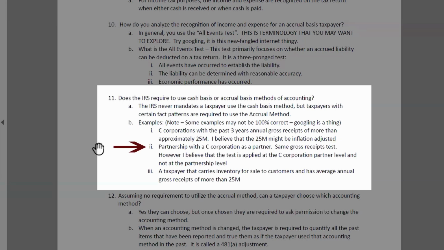Two, partnership with a C corporation as a partner. Same gross receipts test. However, I believe that the test is applied at the C corporation partner level and not the partnership level. And then three, a taxpayer that carries inventory for sale to customers and has an average annual gross receipts of more than 25 million.